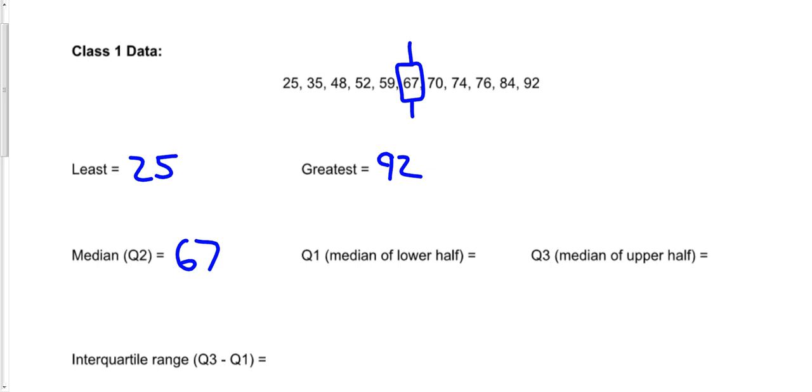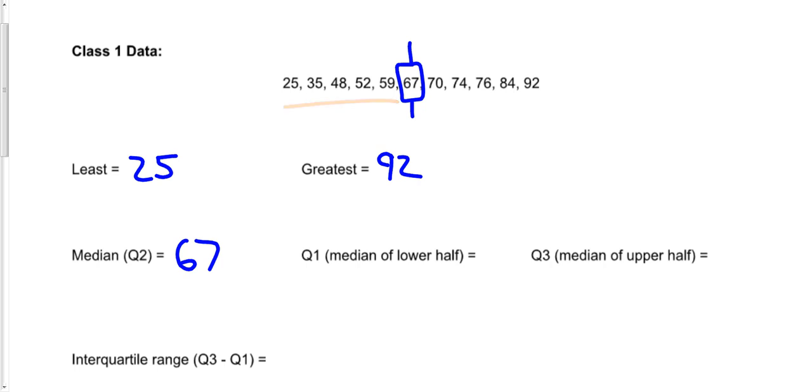Now, Q1 is the median of the lower half. So if I look at the lower half right here, this is the lower half of my data. Okay, and so what is the median of this lower piece? Think of this as a separate data set all to itself, going from 25, 35, 48, 52 to 59. So what is the middle number there?